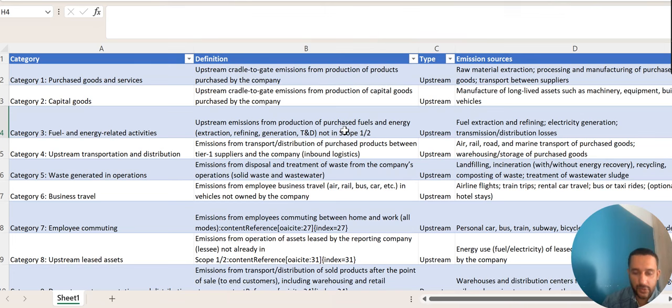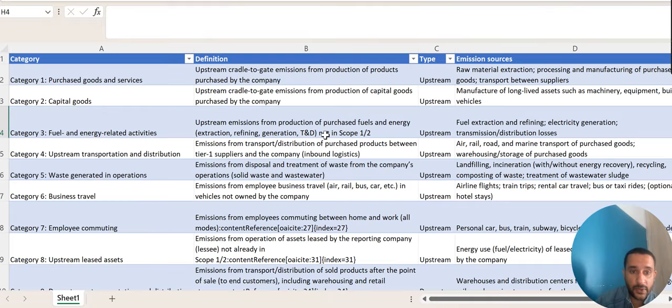So those emissions will be taken into account. For example, petrol is drilled from the ground by an oil and gas company, which is in the business of extracting oil. It is extracted as crude oil, then processed into petrol, then transported to your site.